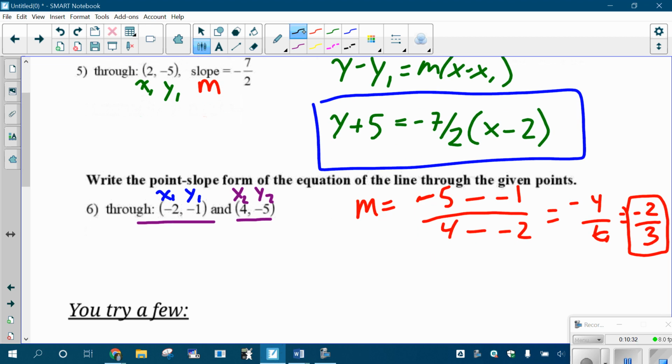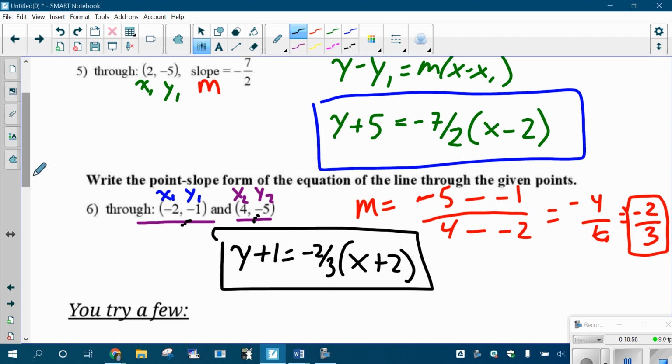I know what you're thinking: which point should I use? Because I have 2 points. You can use either one, it doesn't make a difference. I'm going to use the first one. y minus y1 equals m, that I just figured out, times x minus x1. And it was minus negative 2, so I put plus 2, and it was minus negative 1, so I put plus 1. And that's my answer.